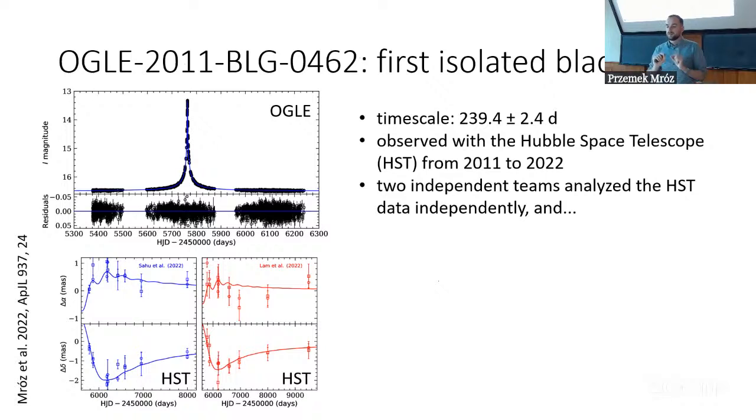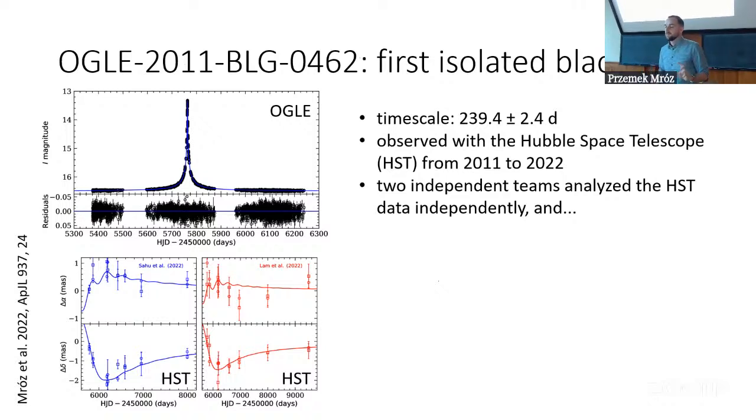And we observed this event using the Hubble Space Telescope for more than a decade. So we started observations back in 2011. The last images are from 2022. And these lower images show the HST data, HST astrometry, so precise positions of the source star relative to background stars.